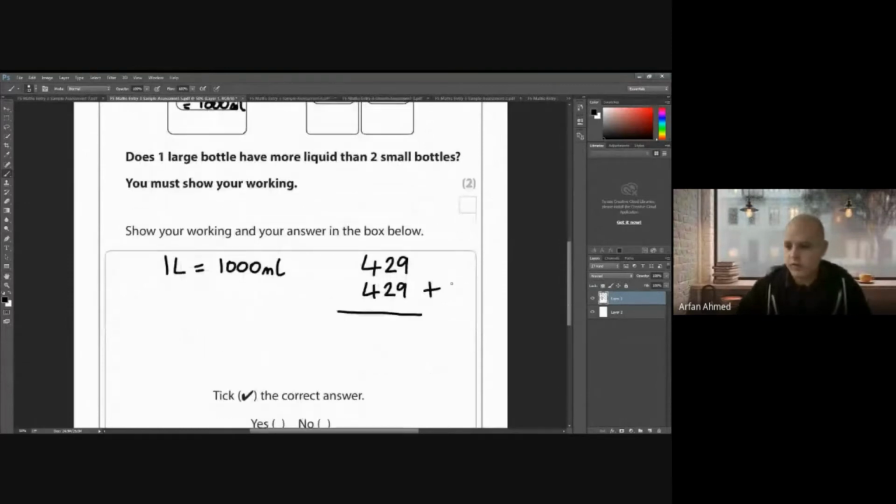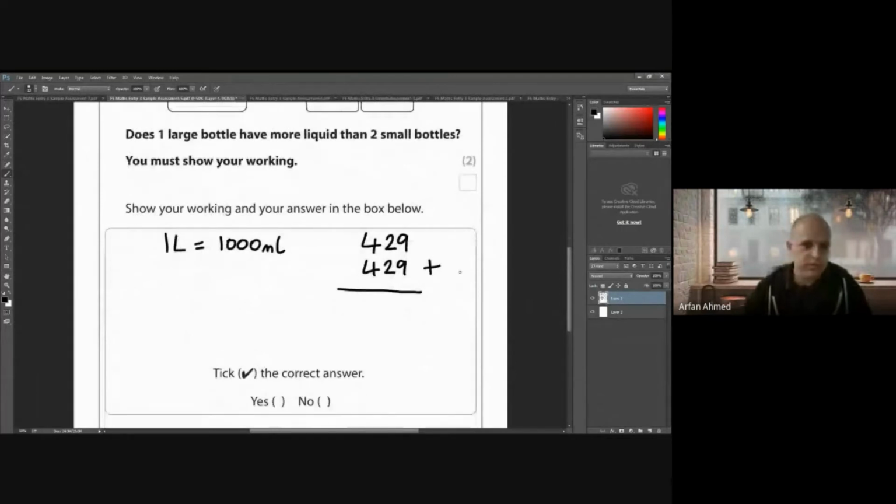And I know it's obvious. Some of you might be able to guess what it is, but you do have to show this bit of working out so that you can compare it with 1,000. 9 add 9 gives you 18. Carry the 1. That gives you 5. 4 and 4 is 8.